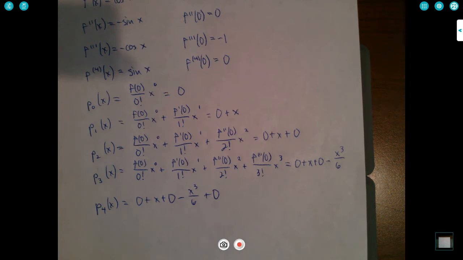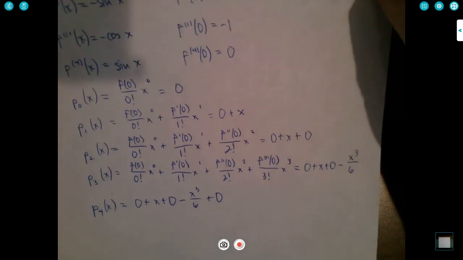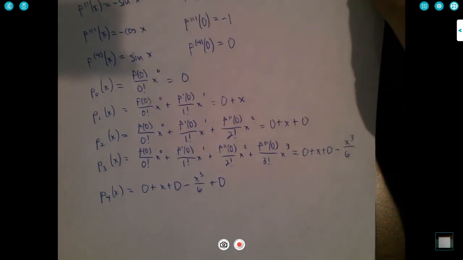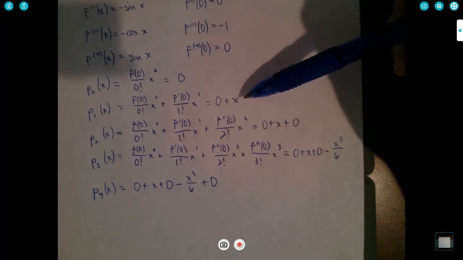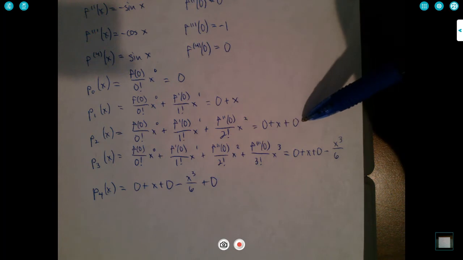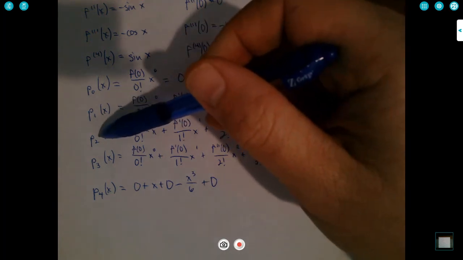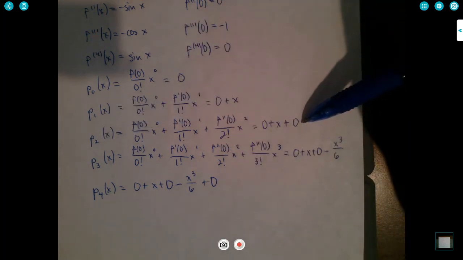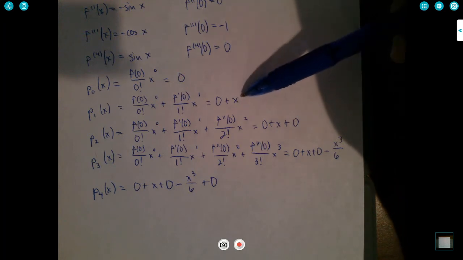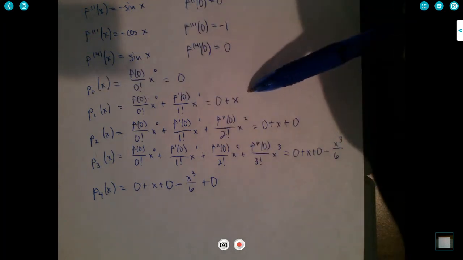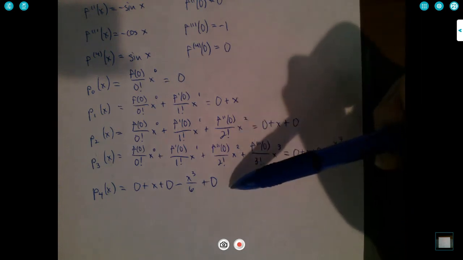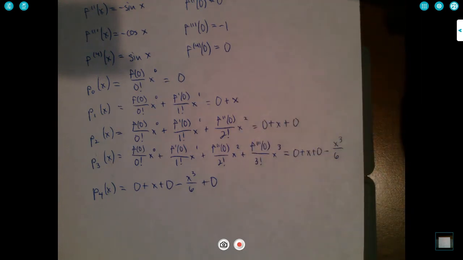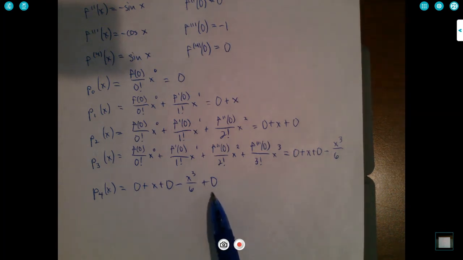Okay, so that's kind of interesting. So one thing to note is that each even order Maclaurin polynomial is just the odd order Maclaurin polynomial that came before it, right? So P2 is the same as P1, and P4 is the same as P3, because every other term is a 0.